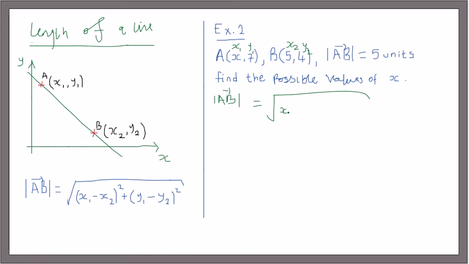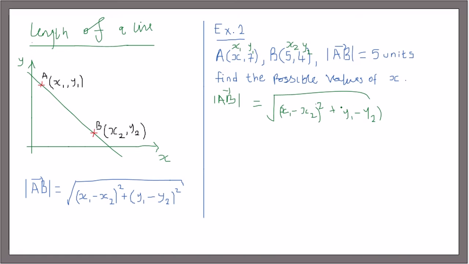x1 minus x2, get the difference of these x's and square it, then plus the difference of the y's, that is y1 minus y2. We said we must square this.